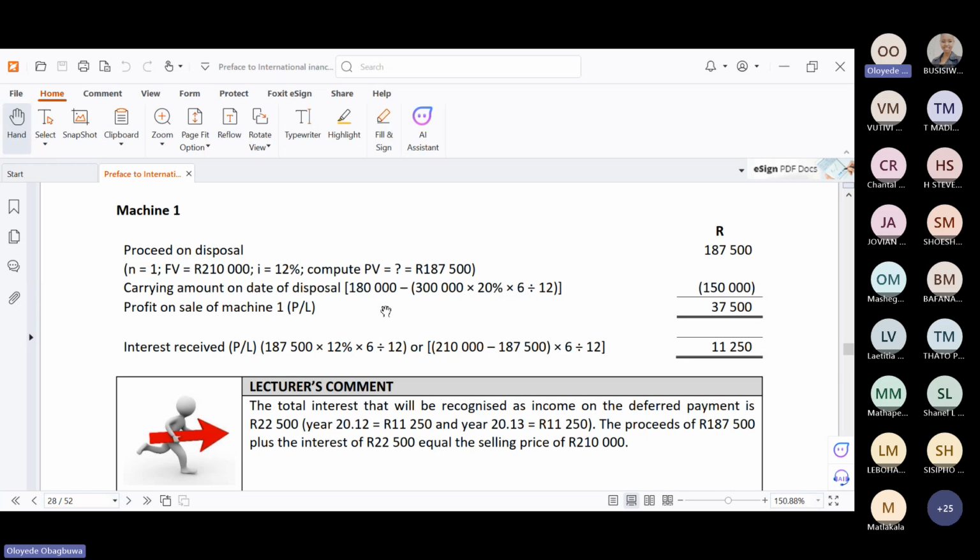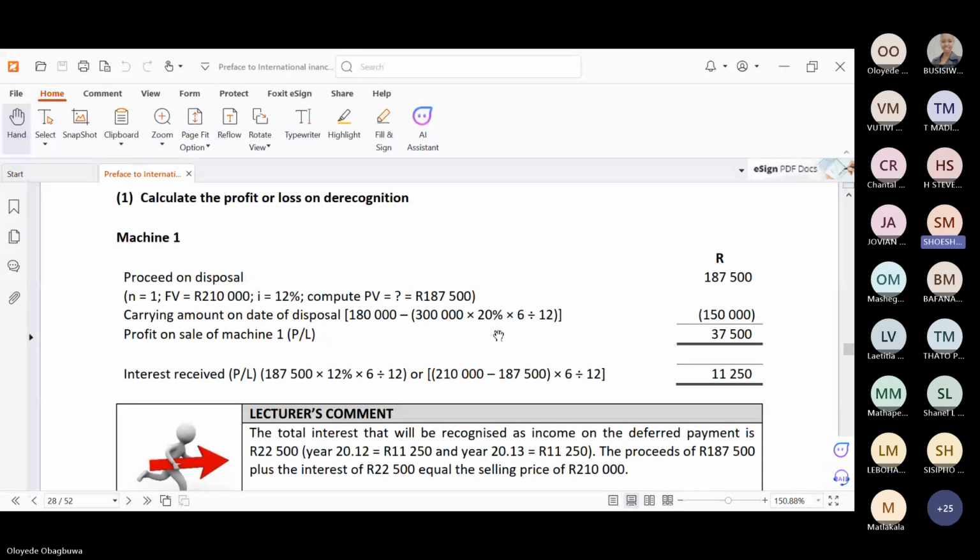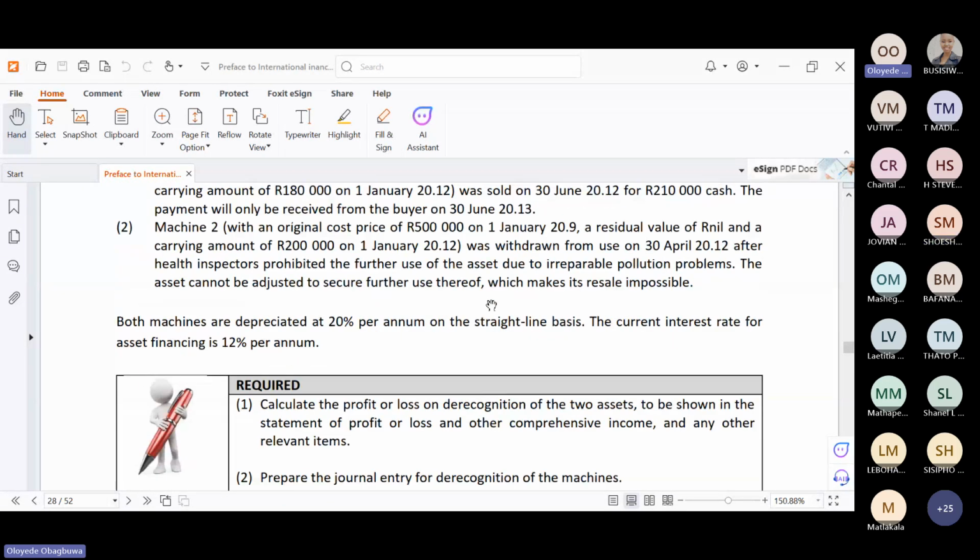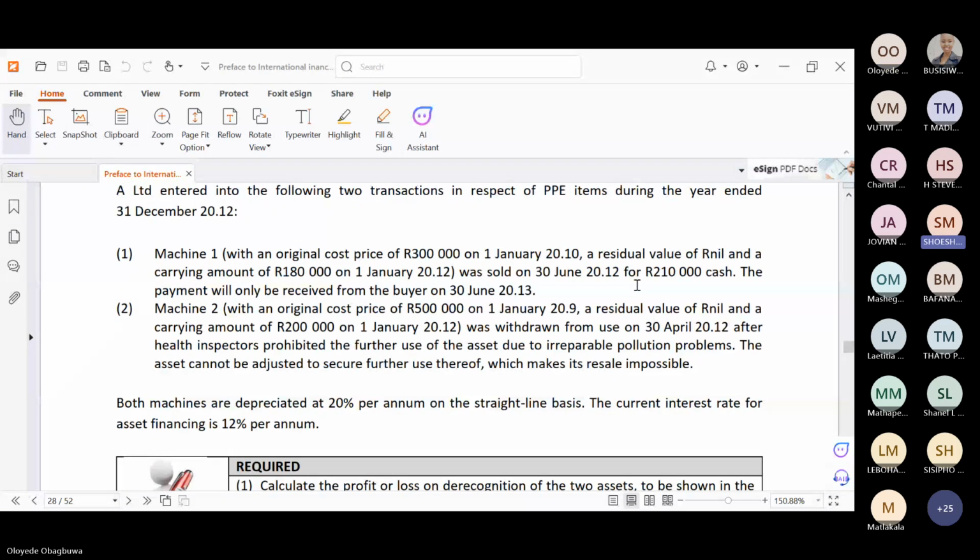This 180,000 is the carrying amount at 1st of January. Now you have to calculate the depreciation for 6 months because it was disposed on 30 June, and this is 1st of January. So it means this asset still exists up to June. So you have to calculate the depreciation up to June. And you know the depreciation is straight line method.